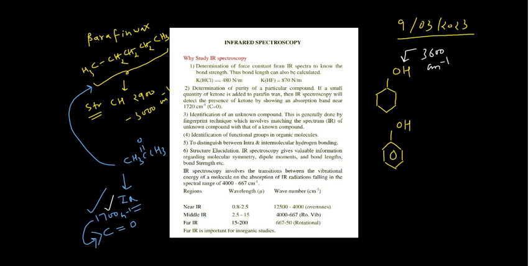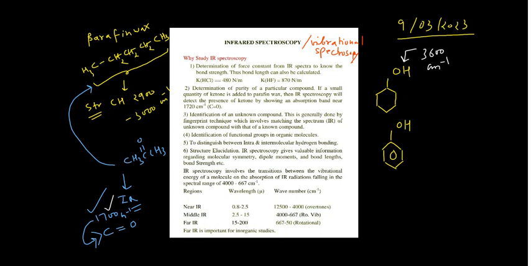Please remember, infrared spectroscopy is also known as vibrational spectroscopy. Why vibrational spectroscopy? Say, for example, if you have this particular molecule and you shine IR light on it, the vibrational energy level of this molecule will change, right? And this change in the vibrational energy level is responsible for giving the IR spectra. That's why it is also known as vibrational spectroscopy.